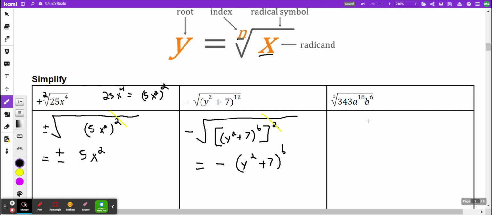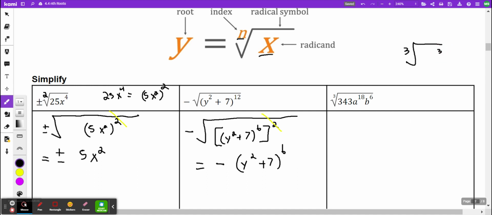Now this last part right here, I have 343a to the 18th and b to the 6th power. Okay, hold up everybody. I'm going to try to do it so that I can cancel out. I have this cube root, and I want to have a cube so I can cancel them out.